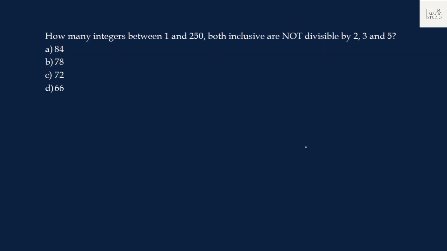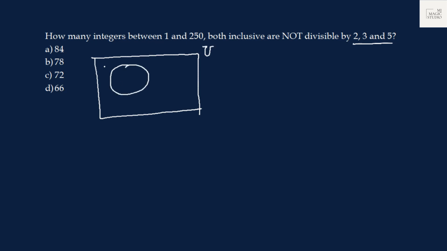This is one of the good questions from set theory application with number system. How many integers between 1 and 250 both inclusive are not divisible by 2, 3 and 5? Suppose these are 250 numbers, universal set. Out of this, these all numbers are divisible by 2. These all numbers are divisible by 3.